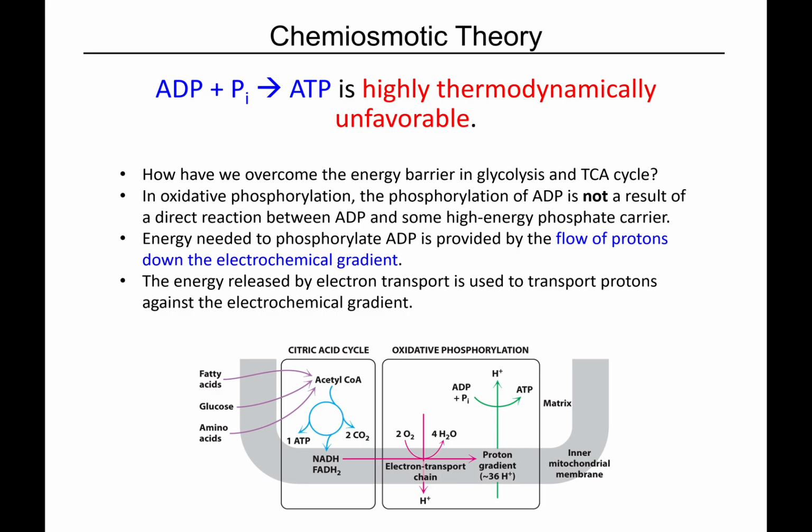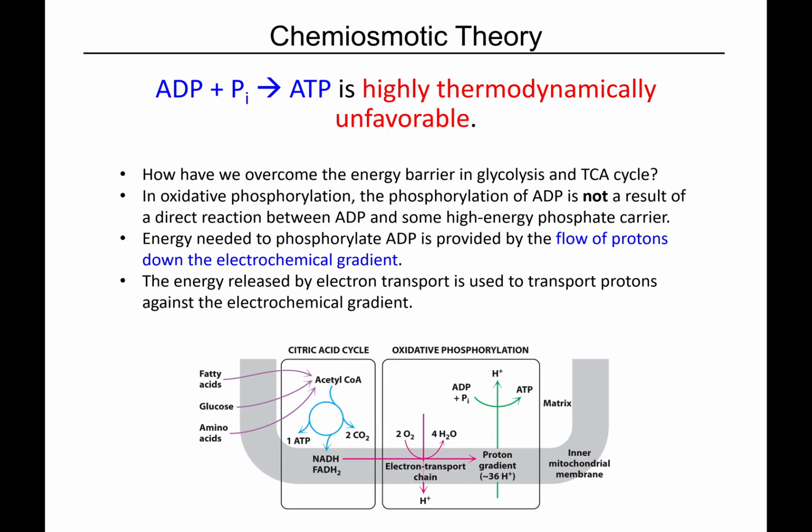So the idea is that through the process of oxidative phosphorylation, through the process of electron transport, we are moving electrons from our two electron carriers, NADH and FADH2, moving them through a series of electron transport proteins, ultimately giving those electrons to oxygen, reducing it to water. And as we're going to see today, that reduction process, that electron transport process, generates a lot of energy. That energy is trapped by pumping protons from a low concentration inside the matrix out into the inner membrane space where there's a high concentration of protons.